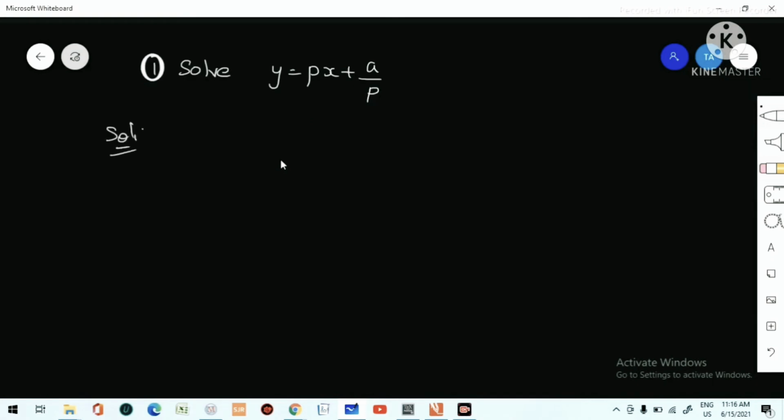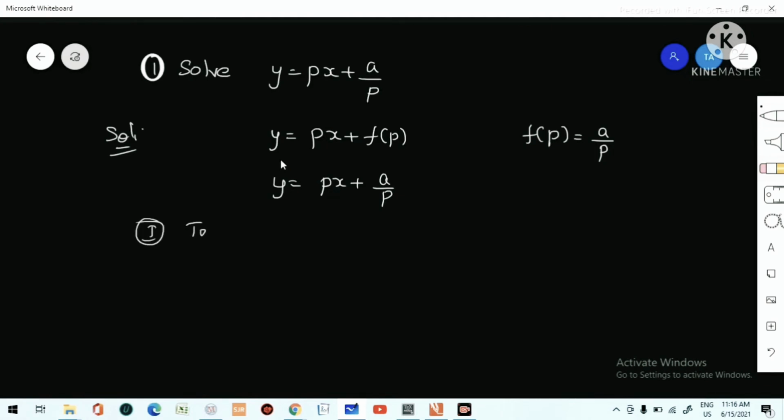What does Clairaut's form say? y is equal to px plus f of p. What is our f of p now? f of p is a by p. Now y is equal to, I'll take the function as it is. What is the first step? To find the general solution.